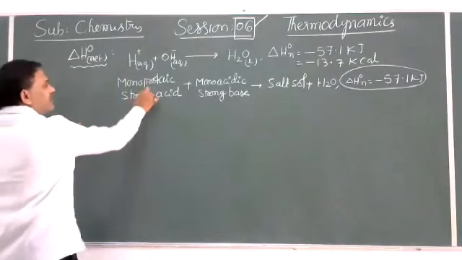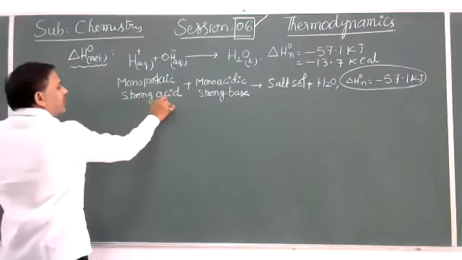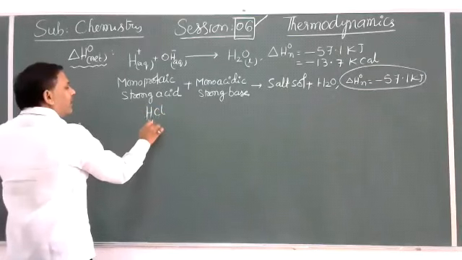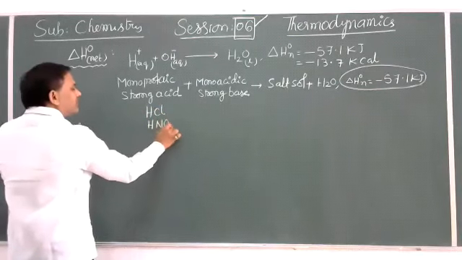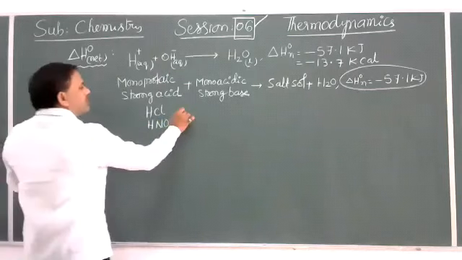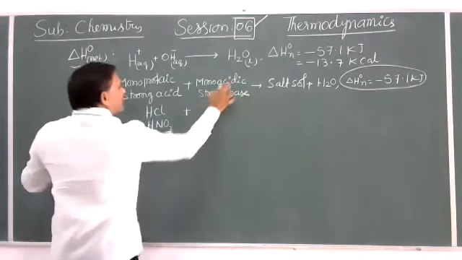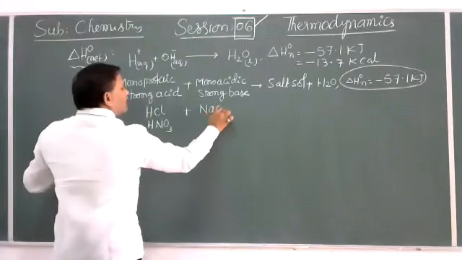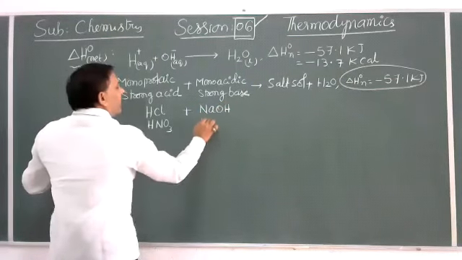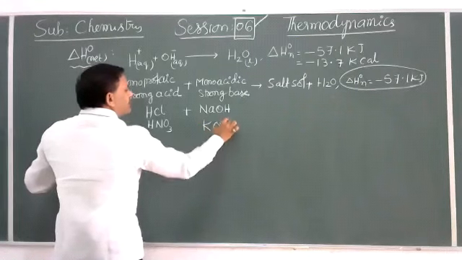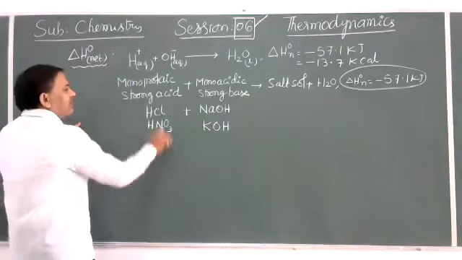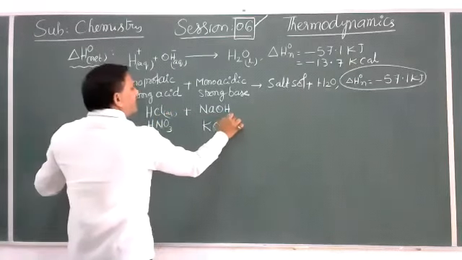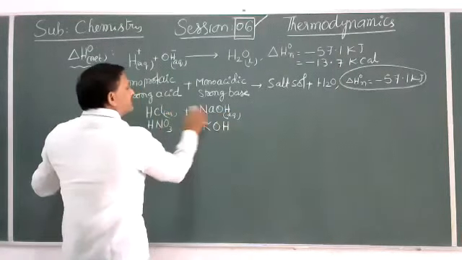When a monoprotic strong acid like HCl or HNO3 reacts with a monoacidic strong base like NaOH or KOH, both are in aqueous medium, that is from dilute solutions.